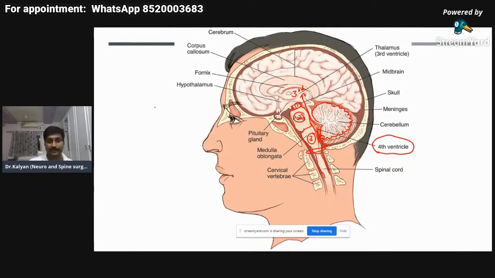So you have seen the real picture. As last time, again we will draw a schematic diagram. This is the same thing which I have told you before. We have the brain, which is the cerebral hemispheres, and we have the spinal cord.